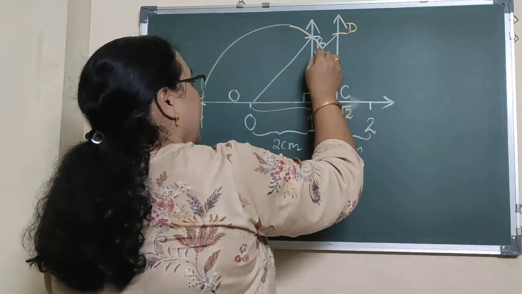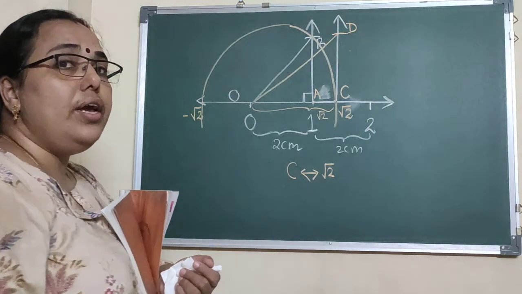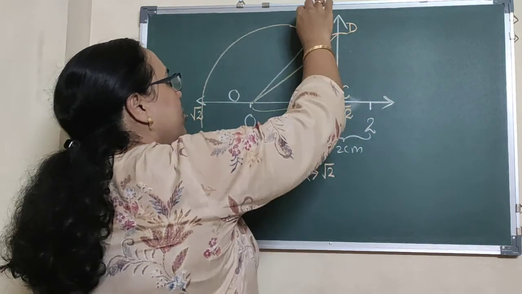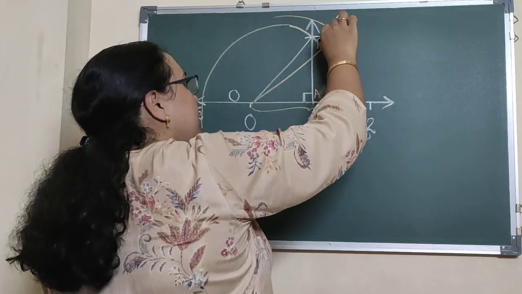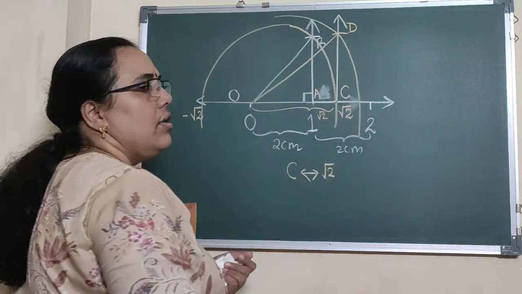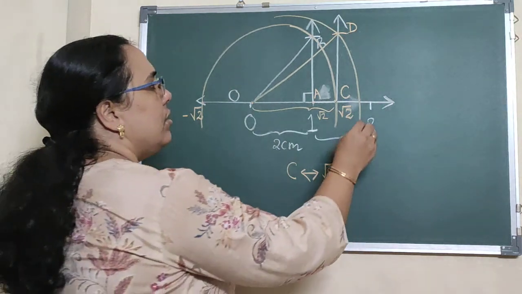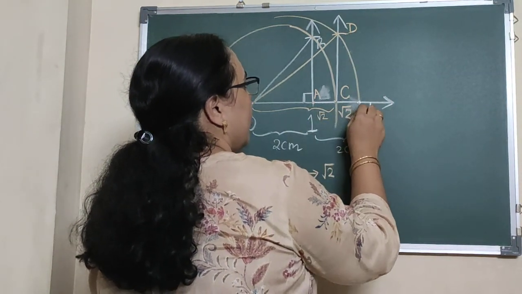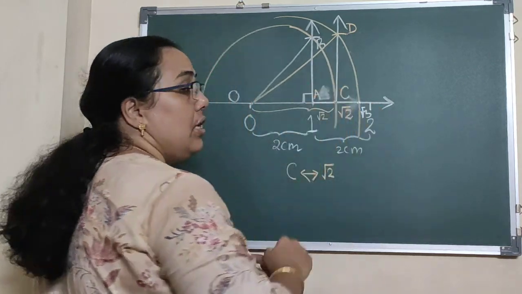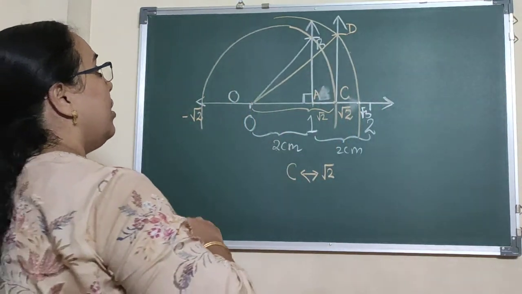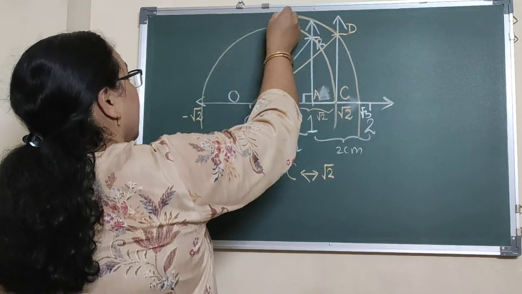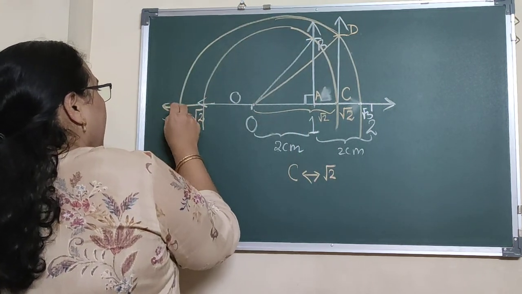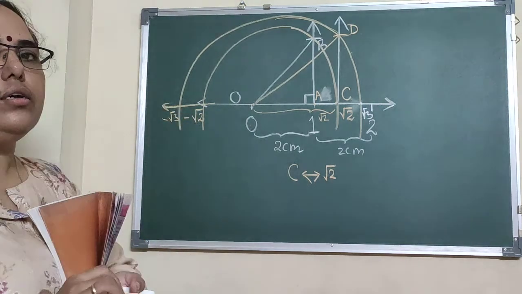So I join OD. Taking OD as the radius and O as a center, you will again draw a circle. So you have here root 3. This is your root 3. Same way, when you put it on the other side, on the negative number line, you will have your minus root 3. Got it, girls?